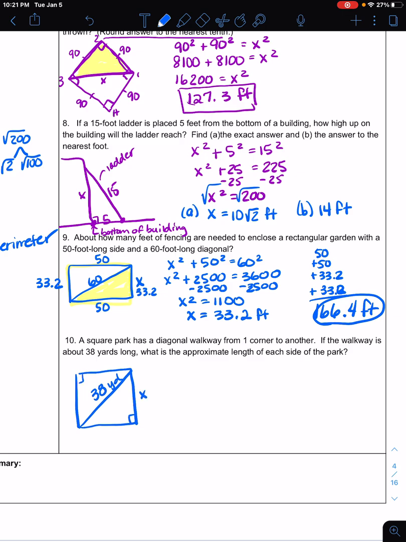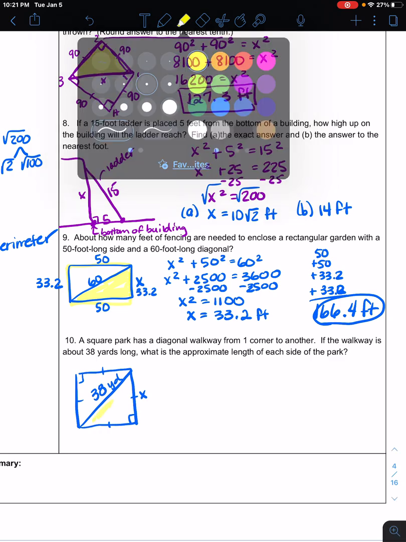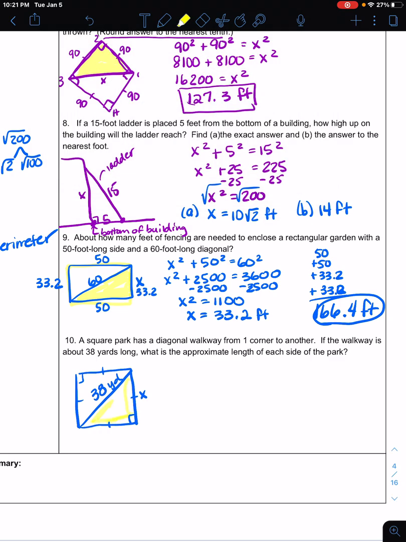Now we know that all the sides are the same length because it says that it's a square park. Now I'm going to show you a way that you can do this later that would be a shortcut for this. But since we don't have that yet and we're doing everything with right triangles, we know that right triangles, when we have enough information, we can use our sides and use Pythagorean Theorem.